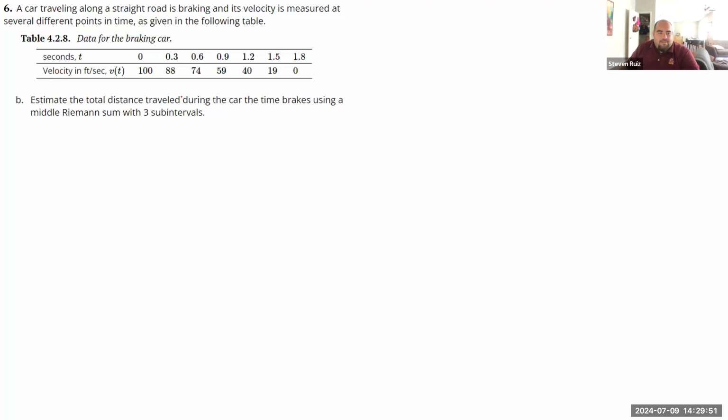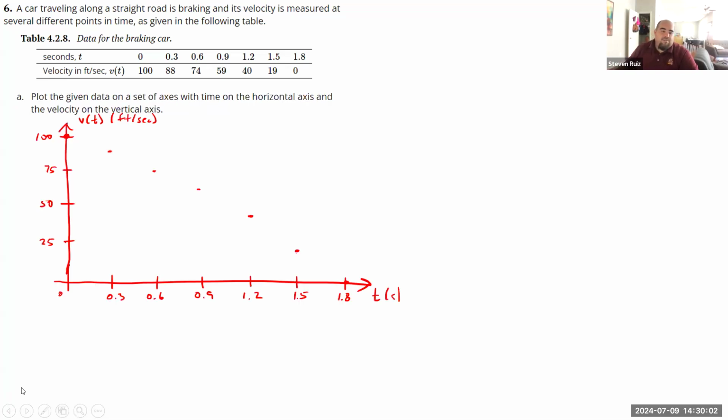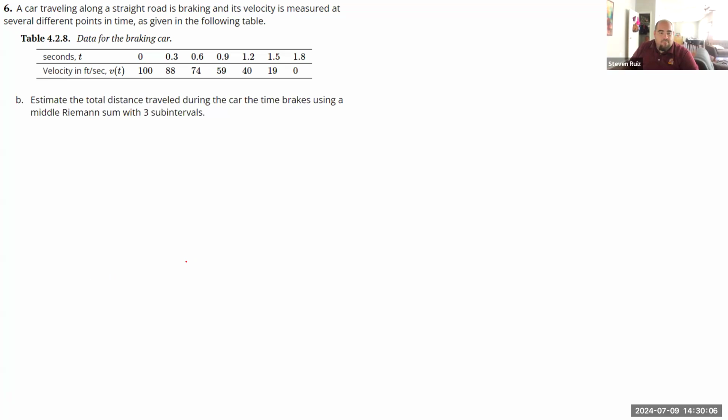Okay, so let's go ahead and do that. Let's just go back, and we know we need to use a middle Riemann sum. Oh, with 3 subintervals. Okay, this makes sense.